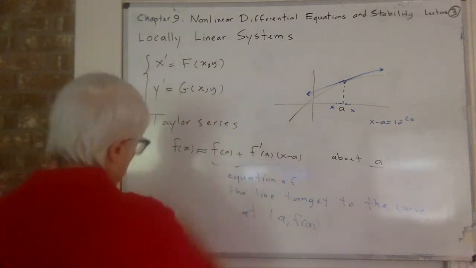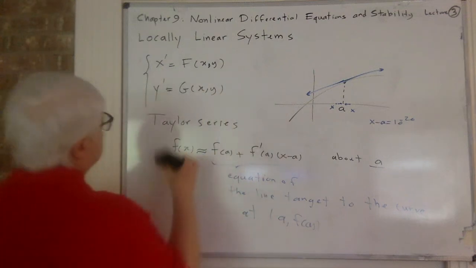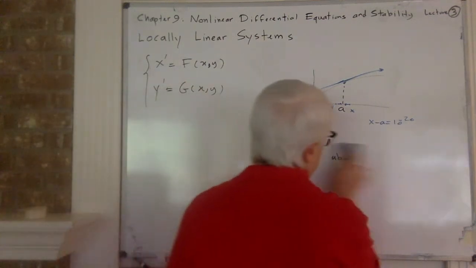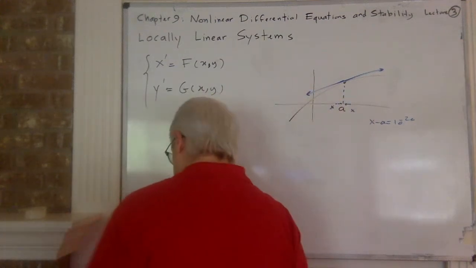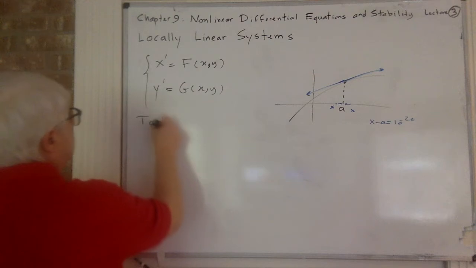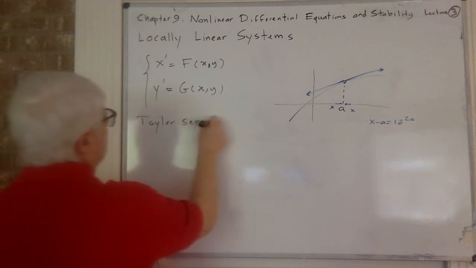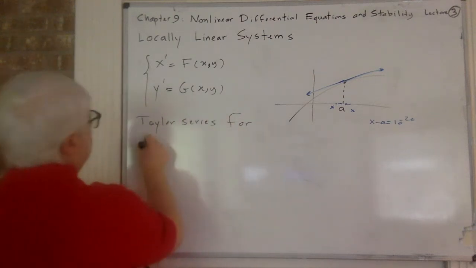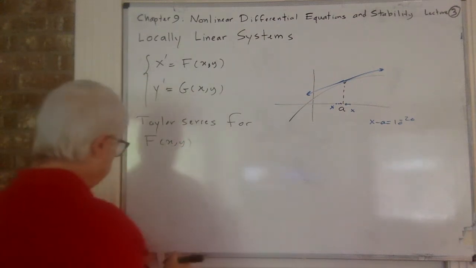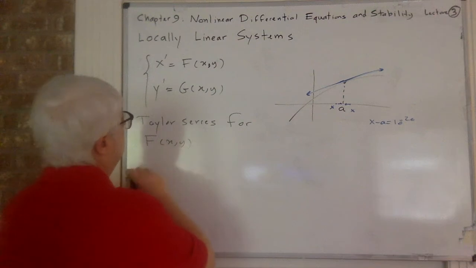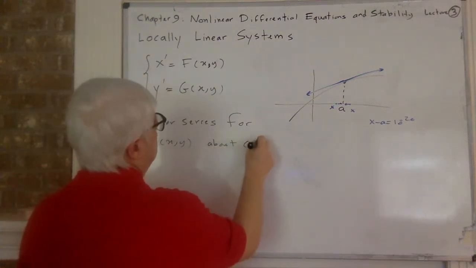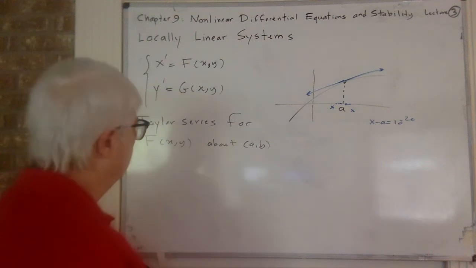So let's see if we have something like this for functions of more than one variable. In fact, there is a Taylor series for f(x, y). Well, let me try to remember. So the Taylor series for f(x, y) about (a, b).